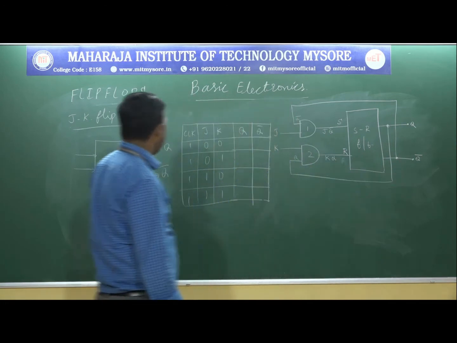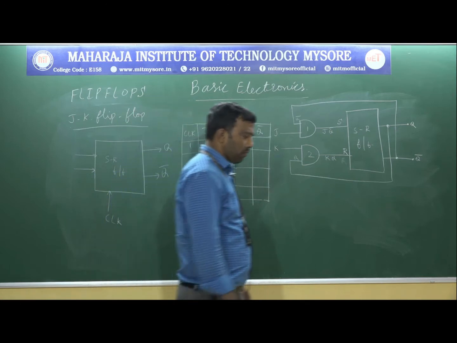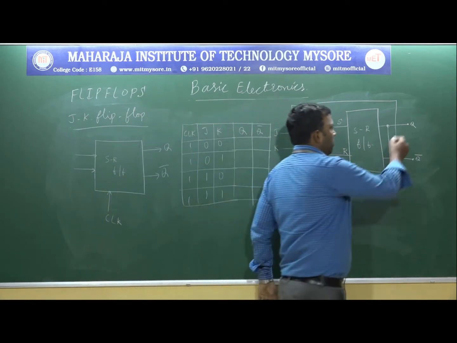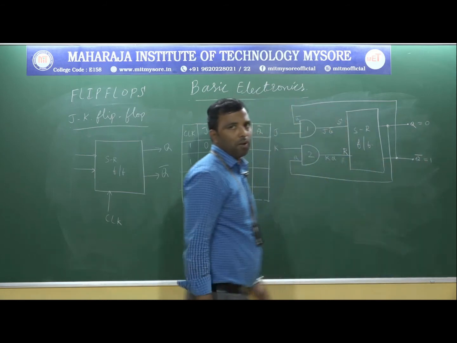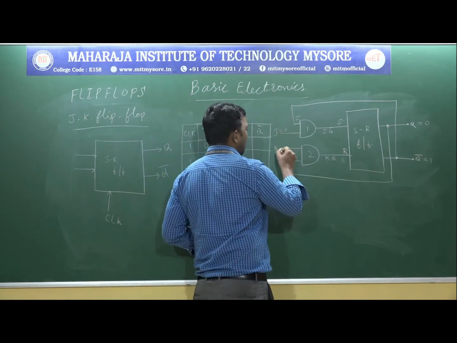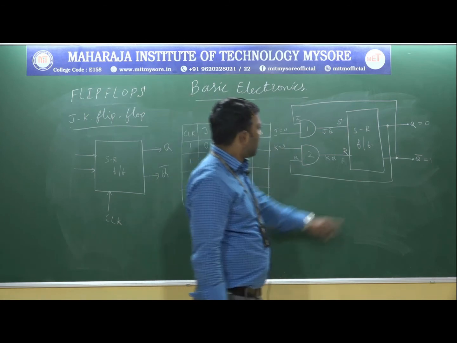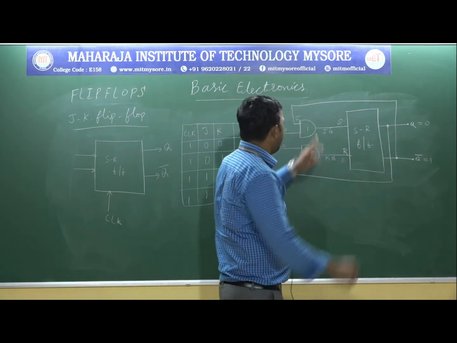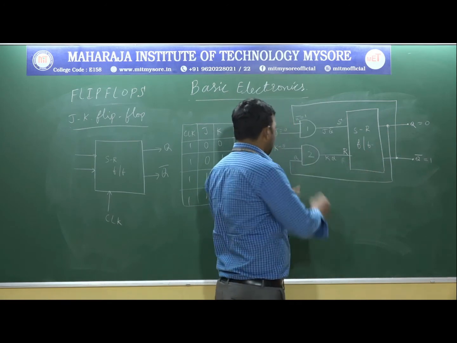Let us consider that J is 0 and K is 0, and for analysis we consider the initial state Q is 0 and Q bar is 1. So J is 0 and K is also 0. Here Q bar is 1 and Q is 0.